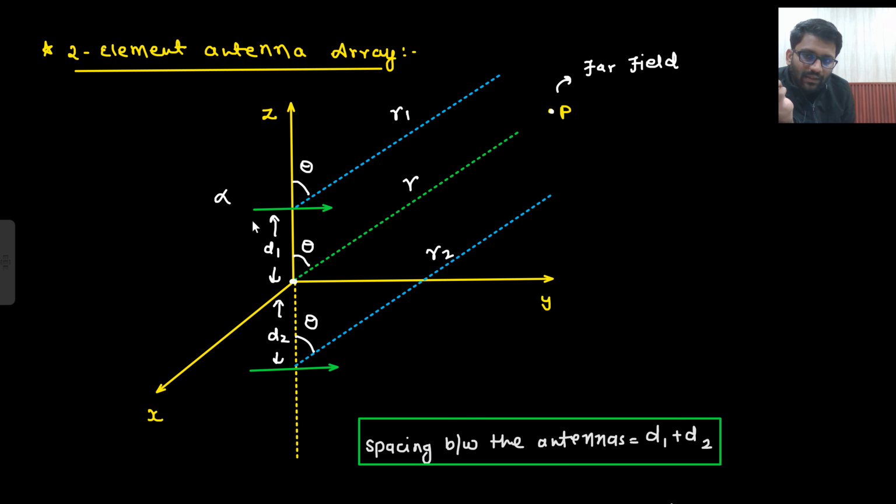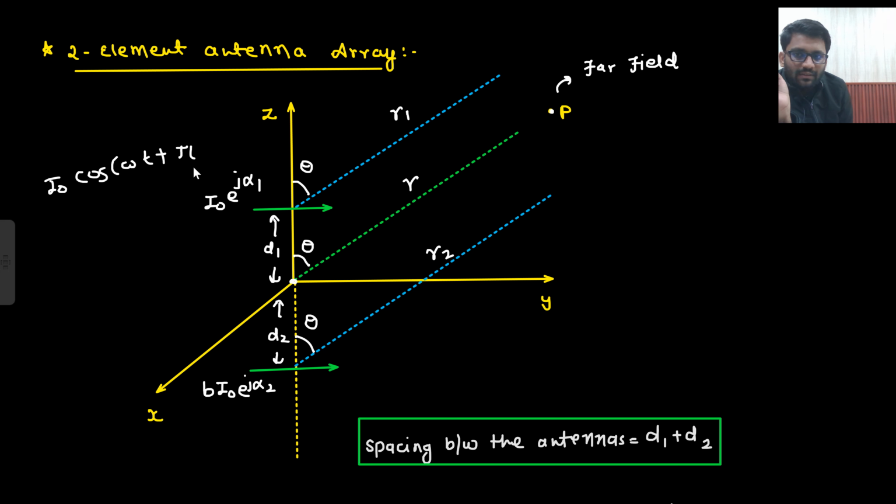Here I write the current as I naught e to the power j alpha 1, and here I naught e to the power j alpha 2, with magnitude B. Let's say this has a current of I naught, this has a peak current of B I naught, with phase alpha 1 and phase alpha 2. What I mean to say is that the current expressions could be something like this.